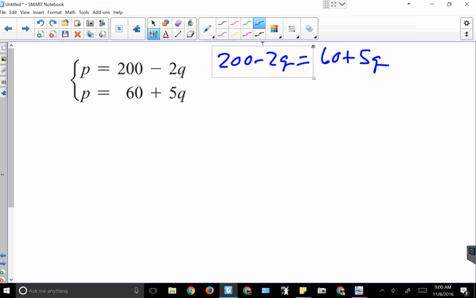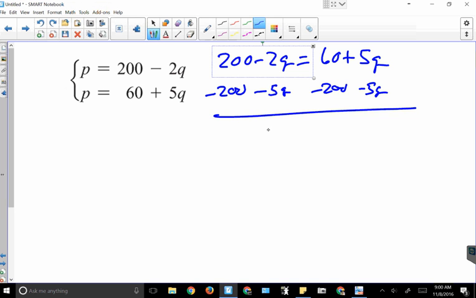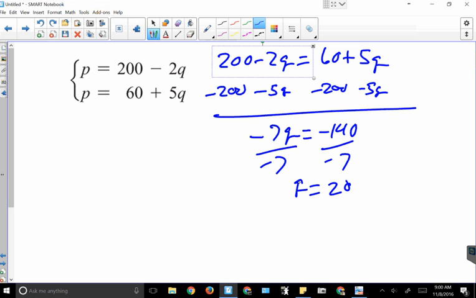Oh, definitely. Let's see, how would I want to do this? Subtract 200, subtract 200, subtract 5q, subtract 5q, so I end up with negative 7q is equal to negative 140, divide by negative 7, q is equal to 20. Now, does it matter which one I put it into?